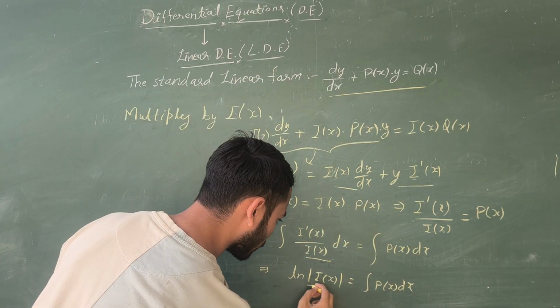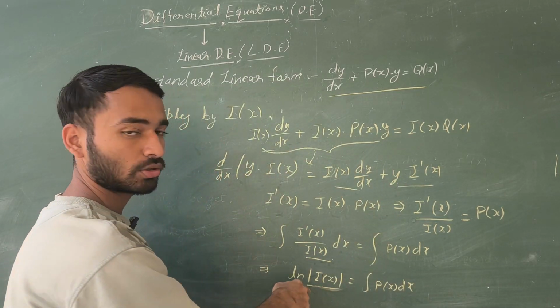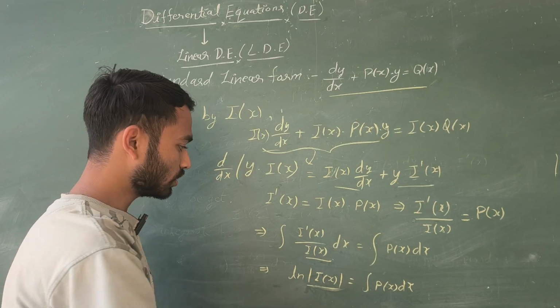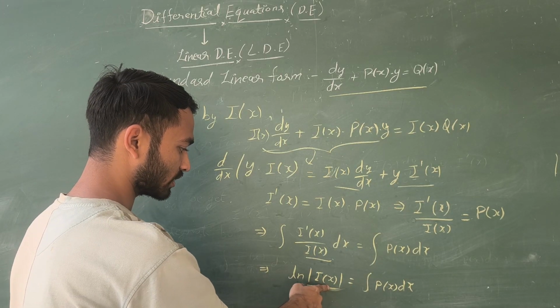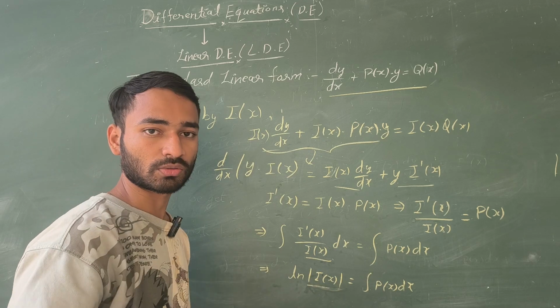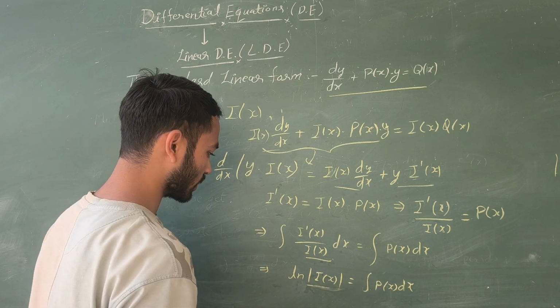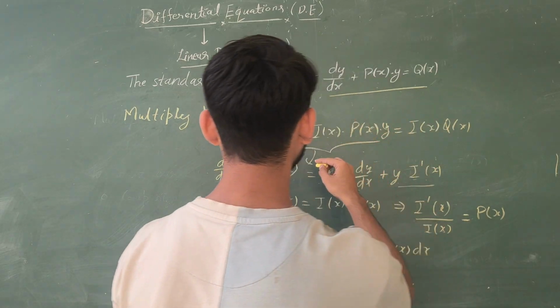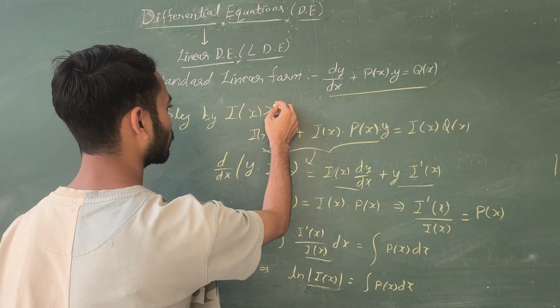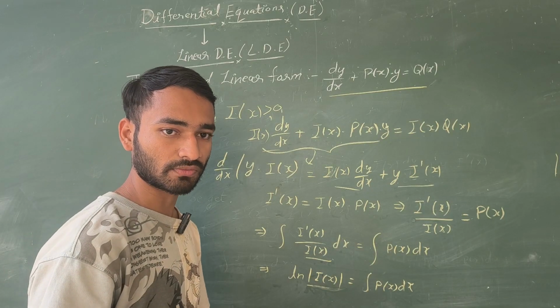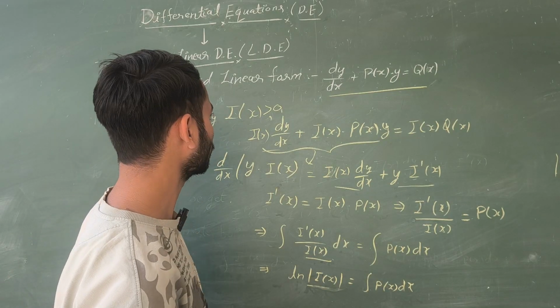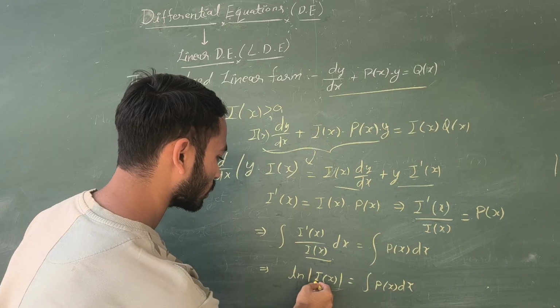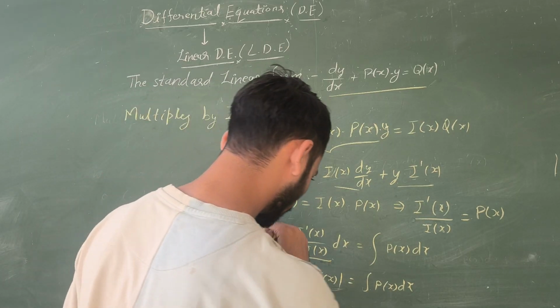So remember, this is always mod I(x), because the domain of ln has to be every positive value. But we can say that I(x) is a positive function. I(x) is a function of x that is positive. So this mod can be removed.